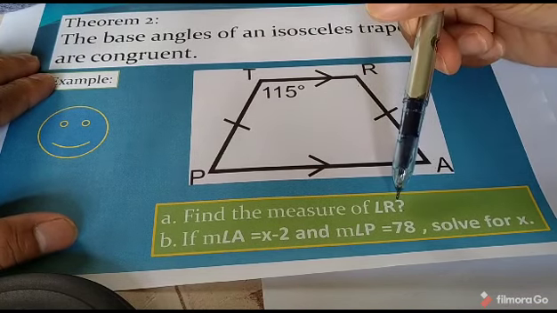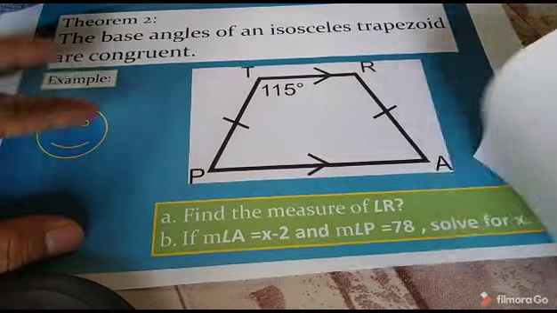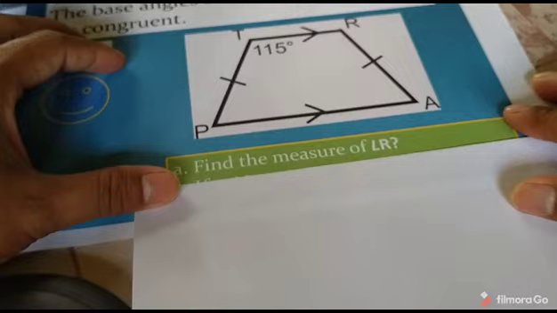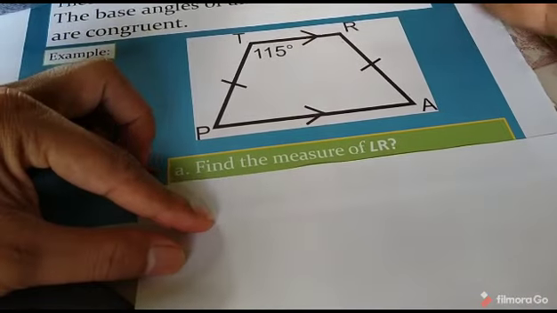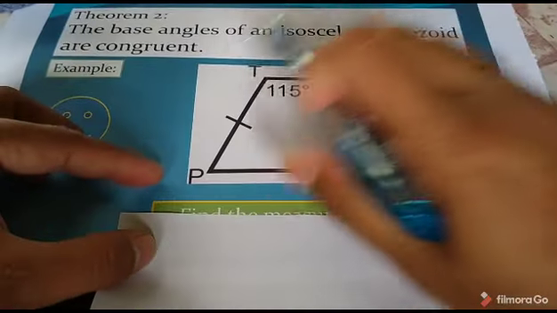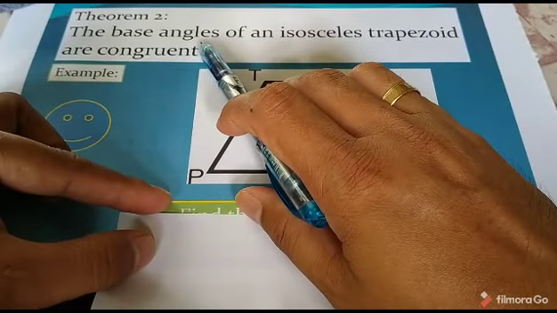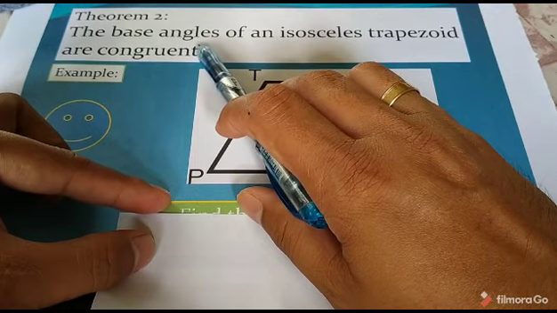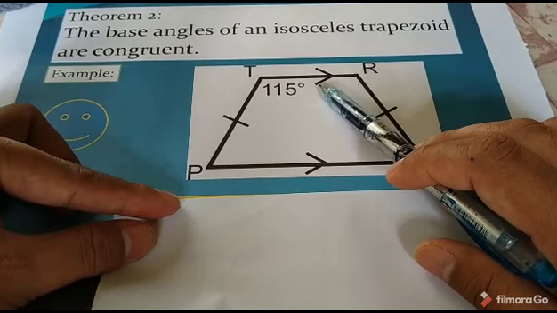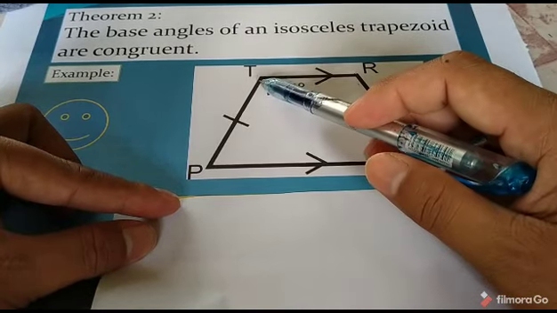Now, we are asked to find the measure of angle R. Okay, so where is angle R there? So here is our angle R. From the theorem, the base angles of an isosceles trapezoid are congruent. So from the illustration, which ones are our base angles? So you have it there.